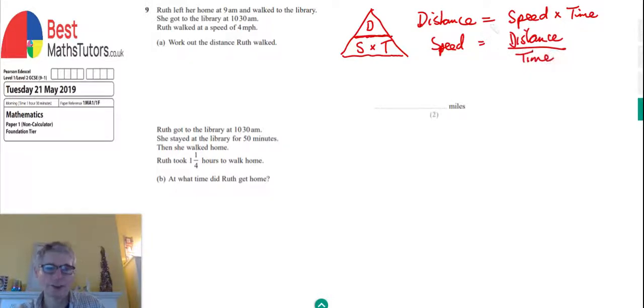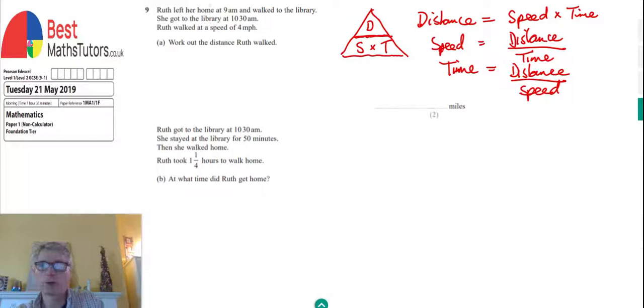And the fraction is the same as saying divided by. So speed is given by distance divided by time. And also time is given by distance divided by speed. If I was to cover up the T, I'll be left with a D and the S. So I've got distance over speed. So useful to remember these.